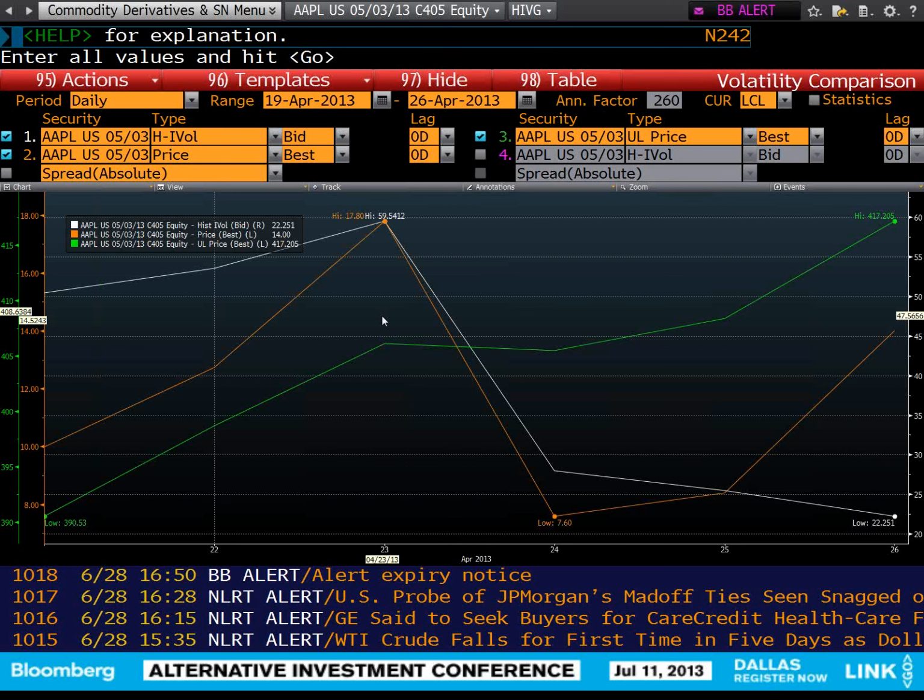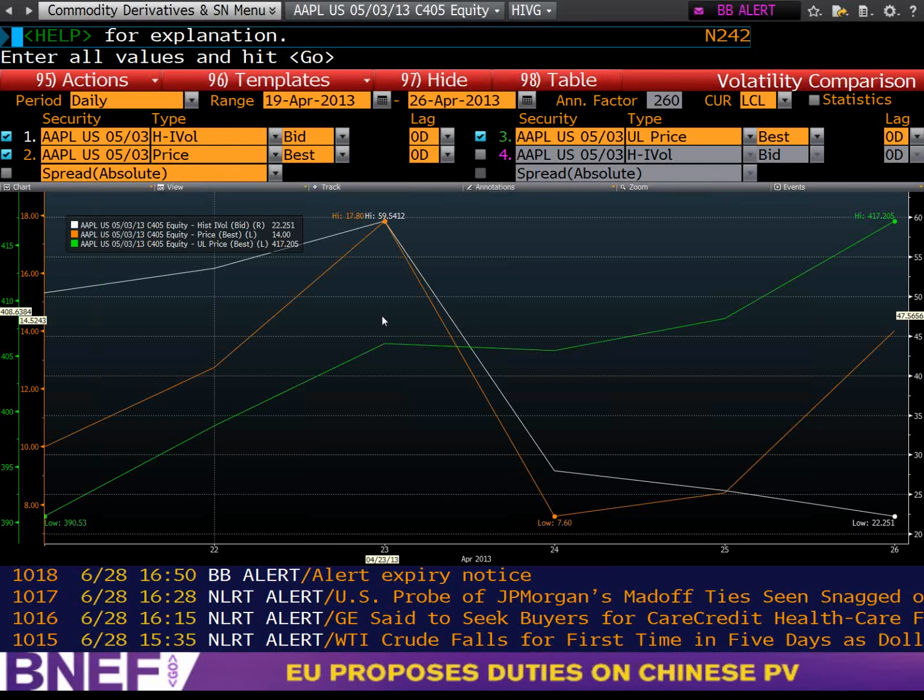There were a lot of cross currents, a lot of people saying, well, they're coming back, they're going to be the good old Apple. Others were saying they're going to hell in a handbasket. So there were a lot of different opinions and a lot of pulls and tugs on the stock. Well, what that does is that it pumps up the volatility because you've got a lot of people putting a lot of money on both sides of the fence.